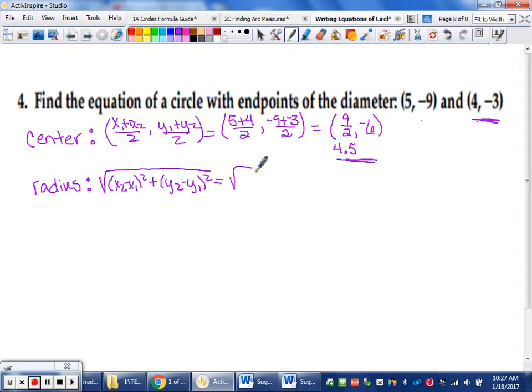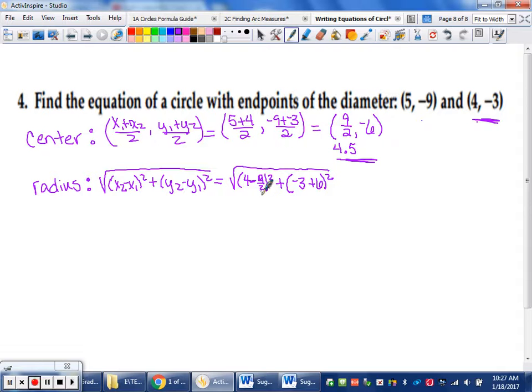So here I go, square root of 4 minus 5 squared. Nope, not minus 5. I was using the wrong coordinate, wasn't I? It's 4 minus 9 over 2 squared plus negative 3 minus negative 6, so plus 6 squared.